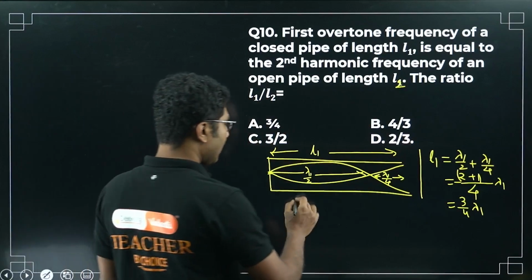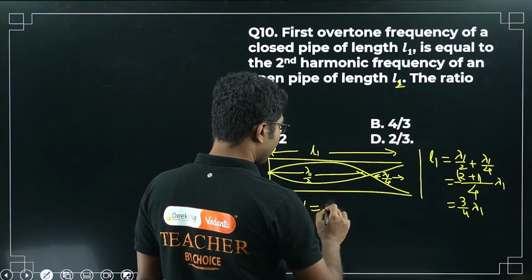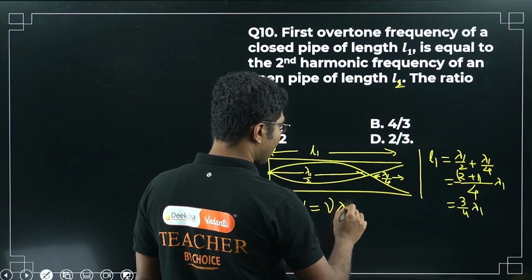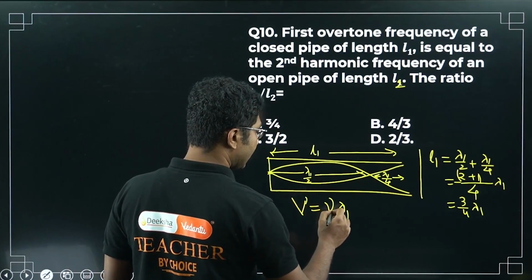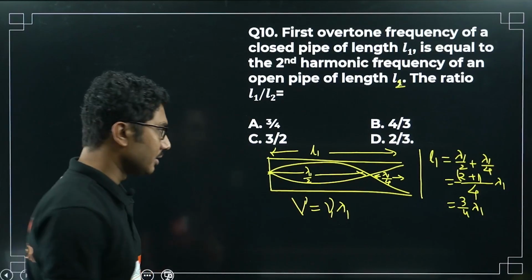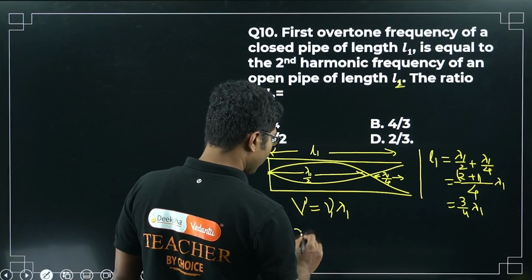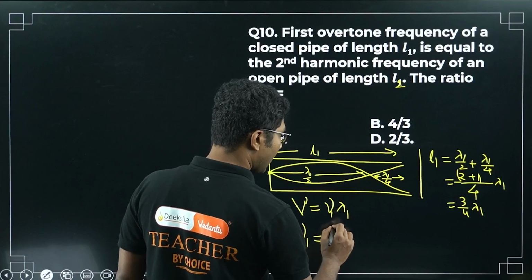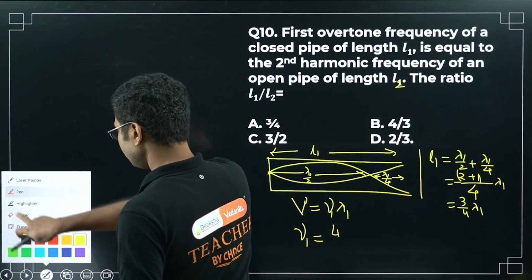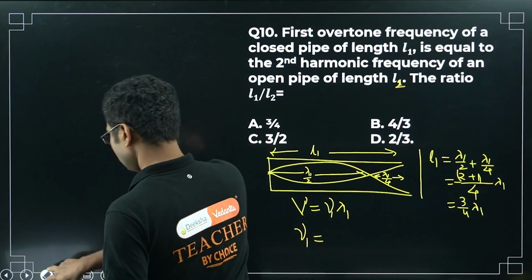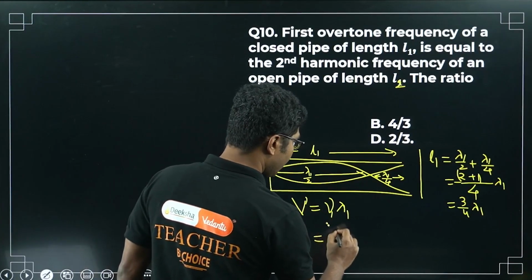Now we know that velocity of sound is equal to frequency times lambda. That is the relationship, right? For the first overtone, say the frequency is nu 1. So nu 1 equals V by lambda 1.